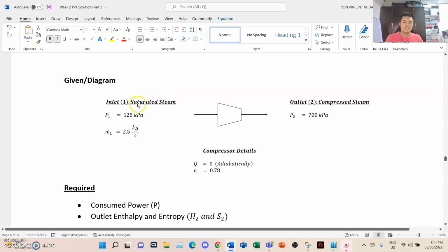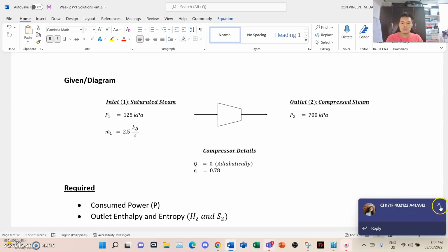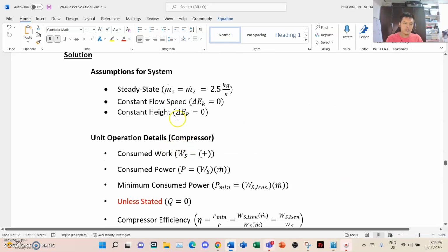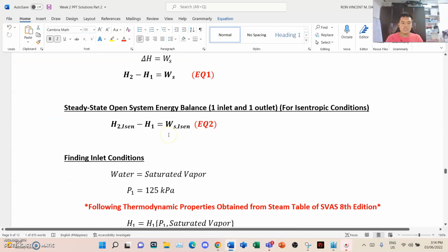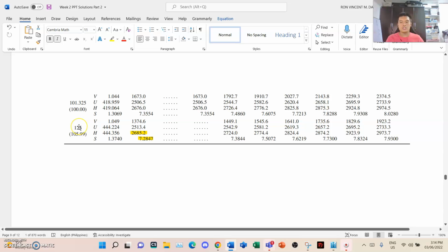Well, since we already know that the steam is saturated by nature and we are given its initial pressure, then using the saturated steam table or just a superheated steam table, we can determine its saturated temperature corresponding to its saturated pressure.